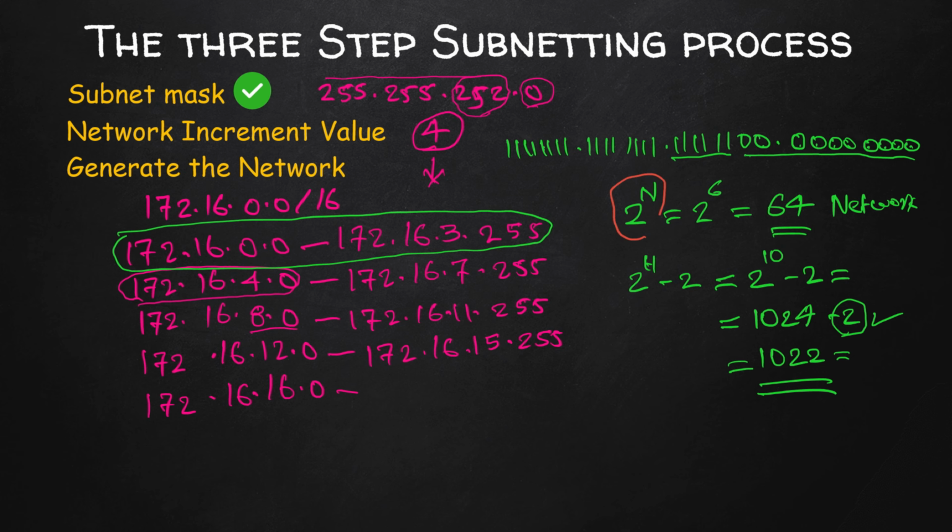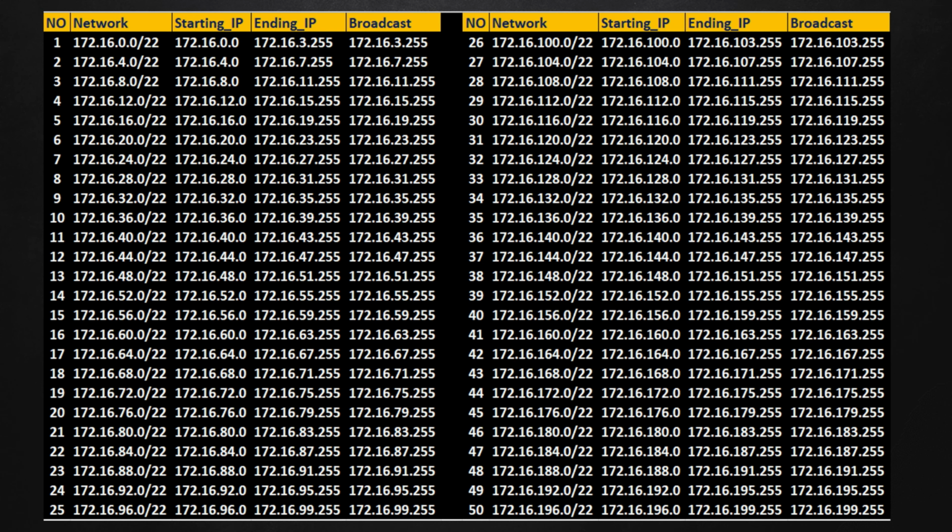You can use these 2 formulas on any subnet to find the total number of networks and the total number of hosts. When we generate the networks as per our increment value, we get all the networks as shown on the screen. Here you can see there are a total of 50 subnetworks.